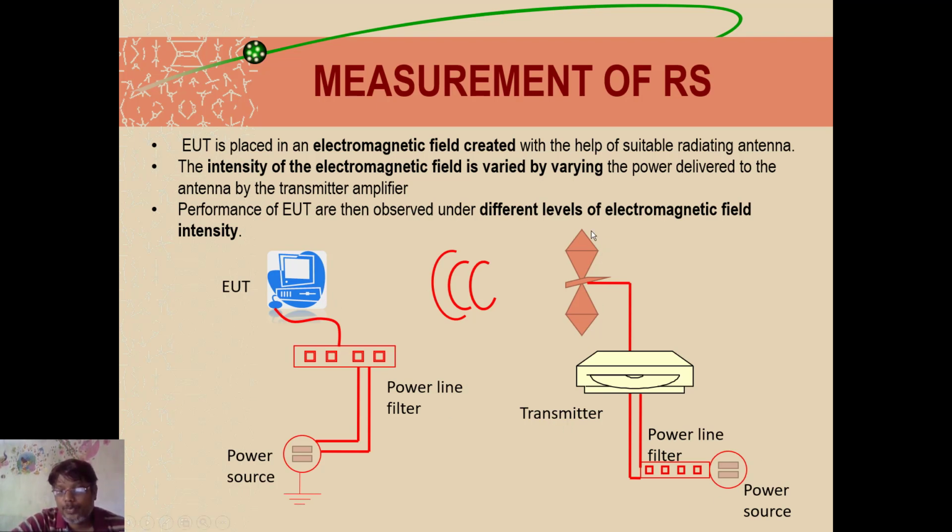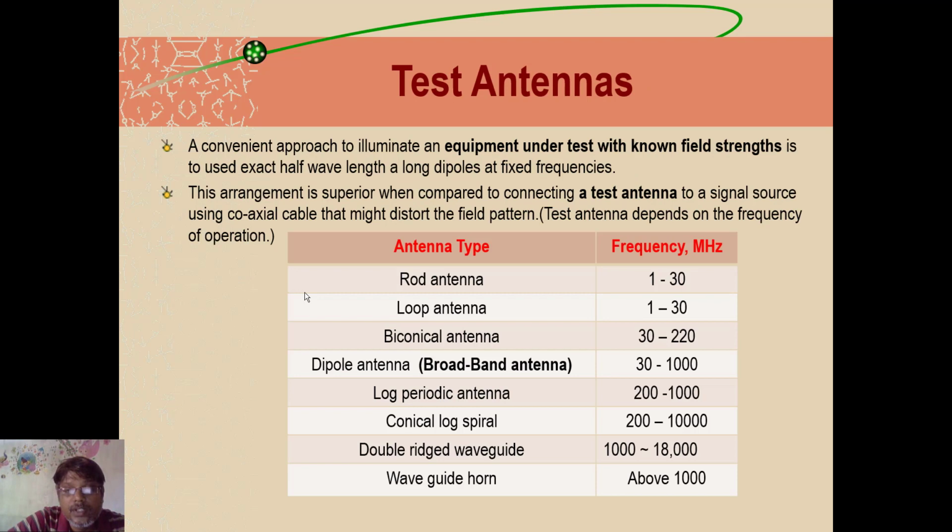Okay, so you power up the antenna, create the environment, expose the equipment to this environment, change the intensity, and check whether, even when the intensity is increased, it performs normally or abnormally, and that is your measurement of RS. Okay, so here they've given the list of antennas which can be used for this purpose and their different frequency ranges.